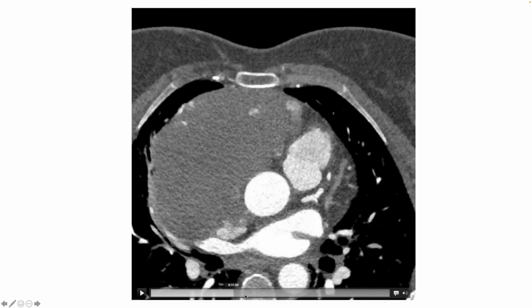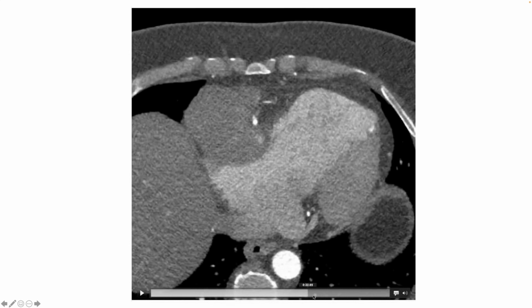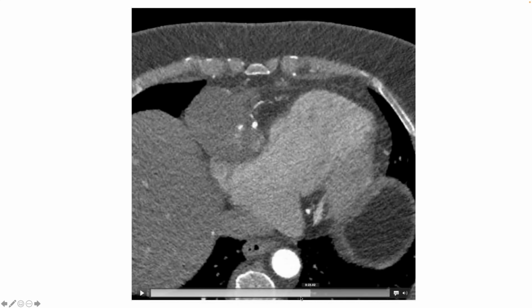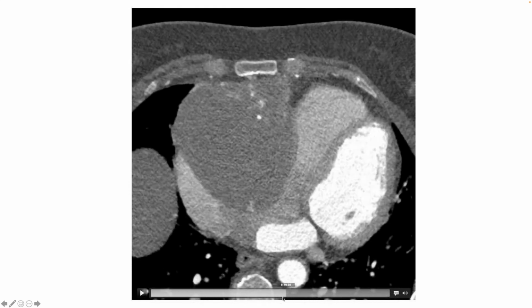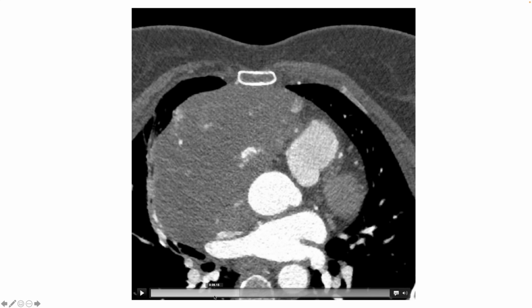There's a large mass that looks like it's contained within the pericardium. You can see the right coronary artery is coursing through the mass. And the mass is pretty vascular. You can see pooling of contrast within it.